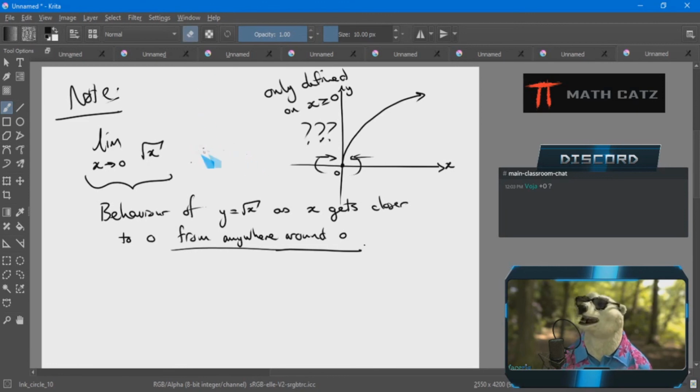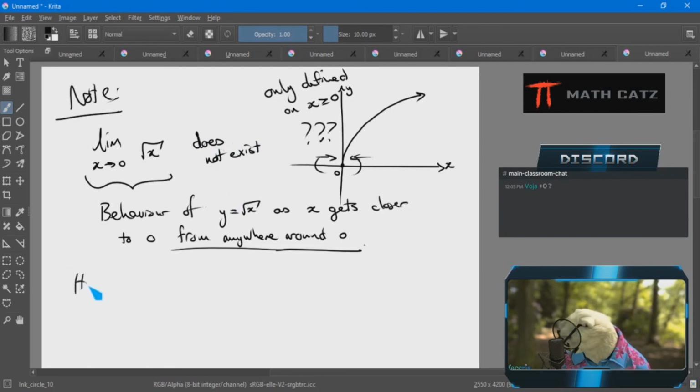And for that reason, because of the definition of the limit that we are hiding a little bit, this does not exist. Because the question is not fitting the function. The question doesn't make sense.